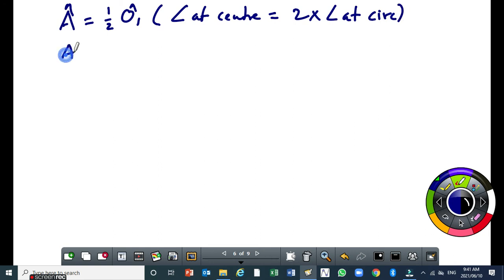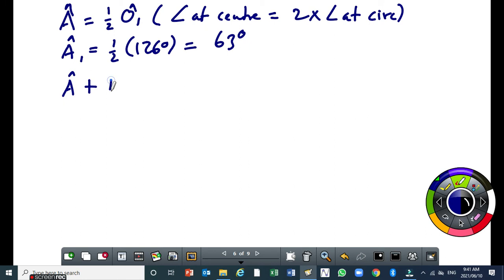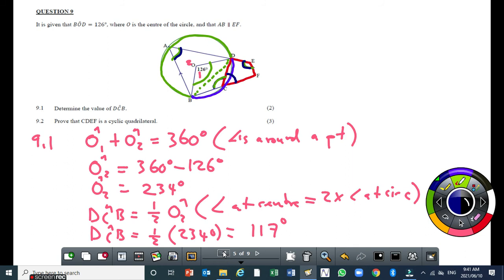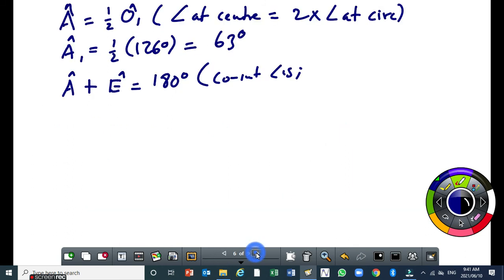So angle A is going to be half of 126 degrees, which will give me 63 degrees. Then I'll say angle A plus angle E add up to 180 degrees because they are co-interior angles. Then I need to state the lines that are parallel: AB is parallel to EF.